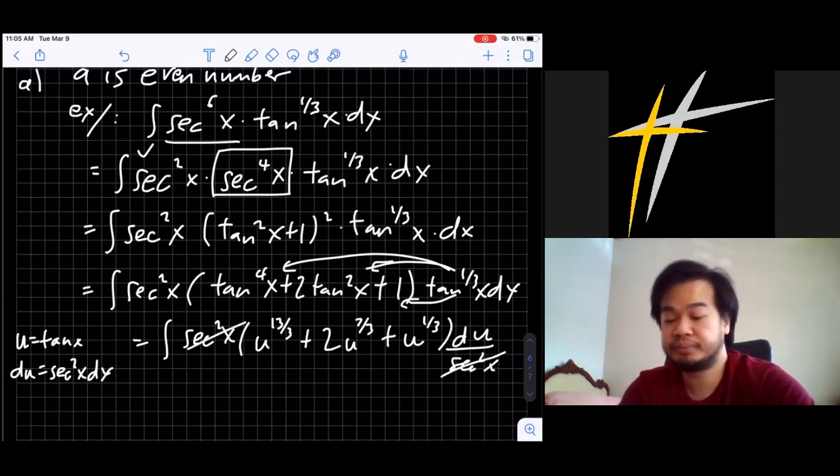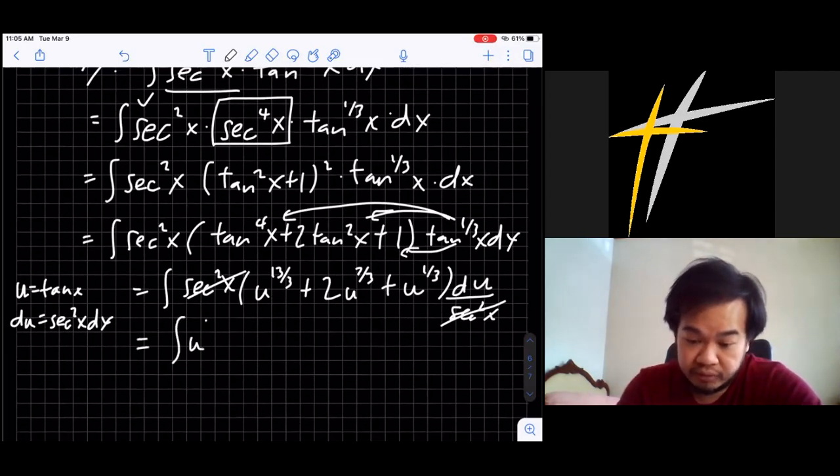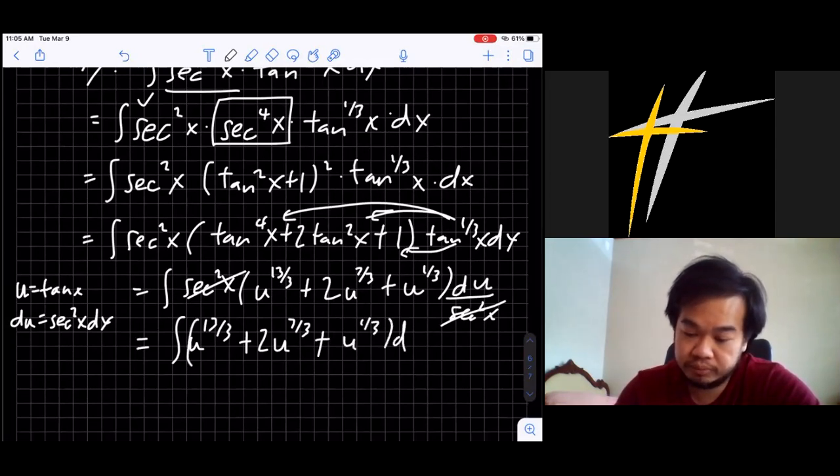Cancel, cancel. Okay, so it's equal to the integral of u power 13 over 3 plus 2u power 7 over 3 plus u power 1 over 3 du.